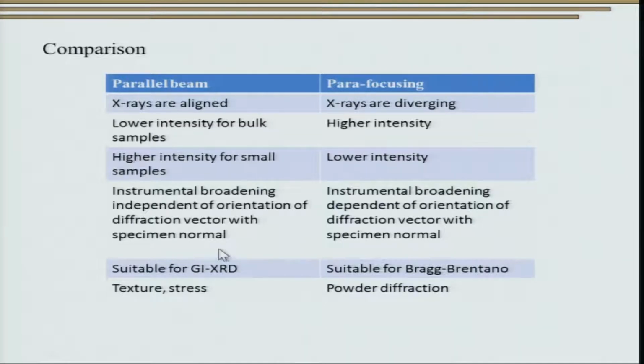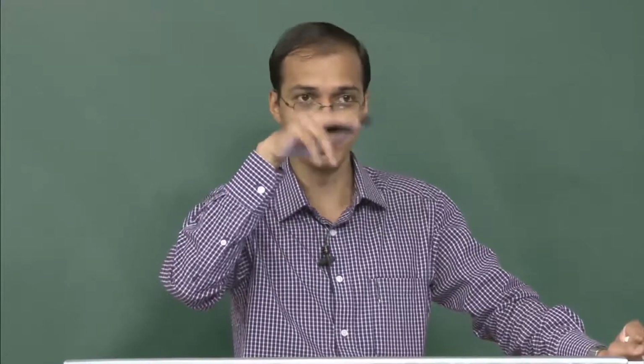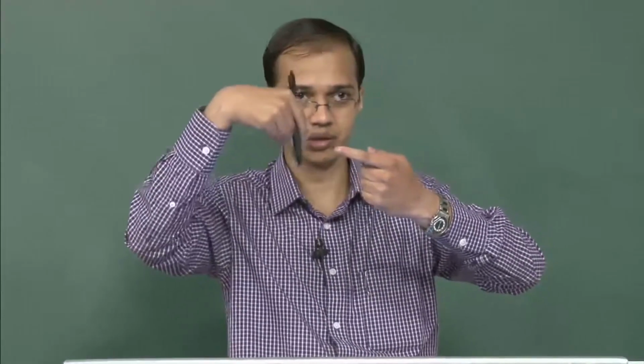Now, remember, we had talked a lot about these angles which tend to rotate the sample as well as rotate your detector, namely the phi and the chi, which essentially rotate your sample along the axis which is perpendicular to the surface of the sample, and at the same time along an axis which is passing through the sample. So, this is known as the chi rotation, looking at the pen, and this is the phi rotation.